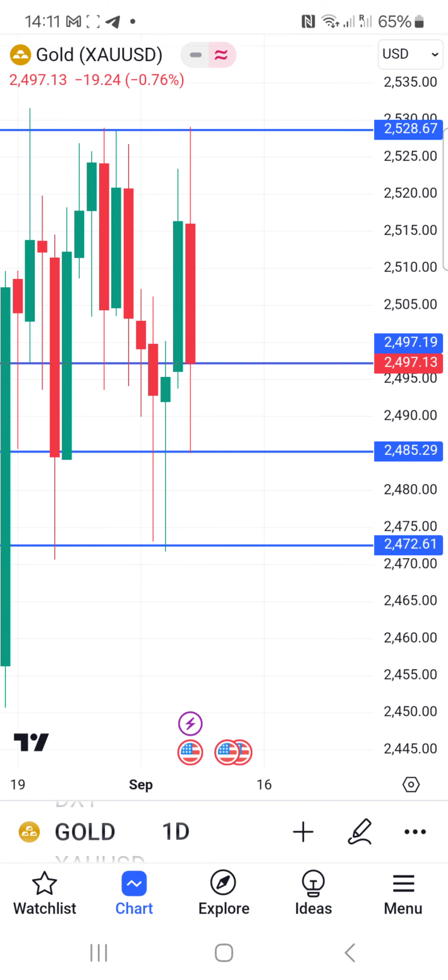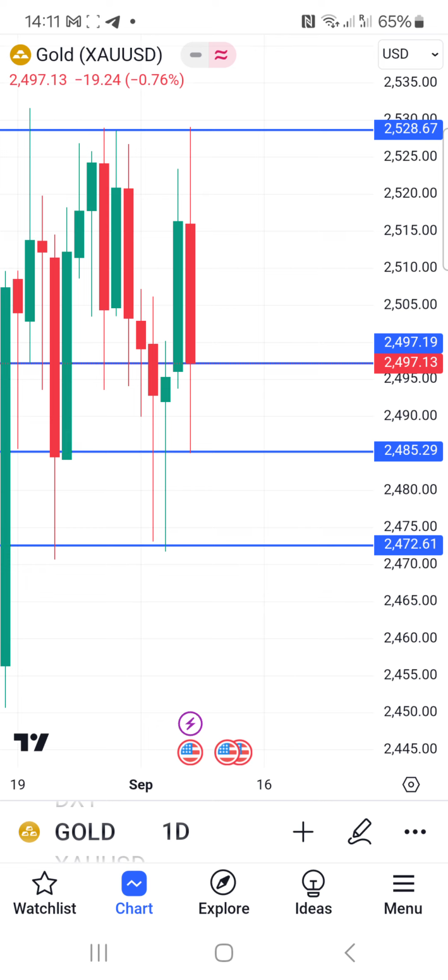As I told you earlier, I will tell you about the other line in the middle. This was where the daily price closed. And the third line from the top is where the daily registered its lowest price at 24.85.29.